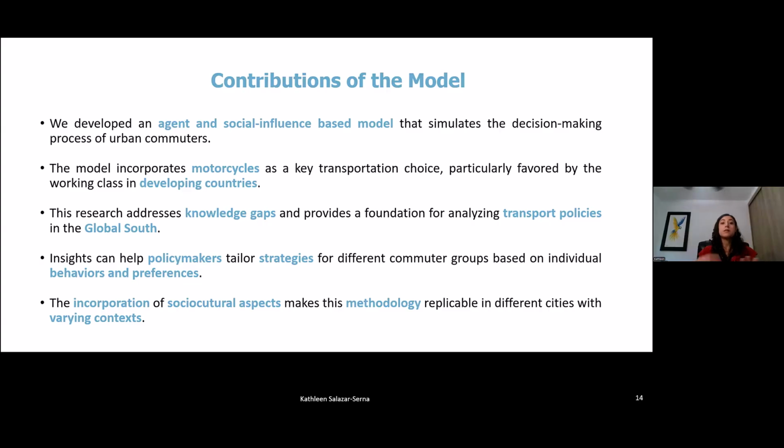And this information is useful also for policymakers to devise better strategies or interventions directed to the different kind of travelers that we have in the city based on their behaviors and preferences. And ultimately, this methodology could be replicable and it can be extended to other contexts beyond the developing countries. So it's useful for other kind of cities.